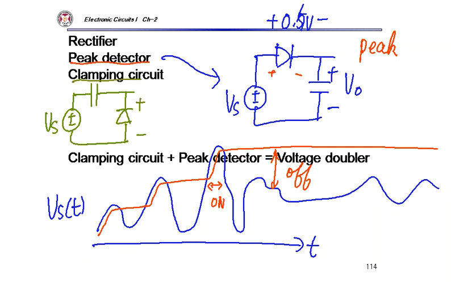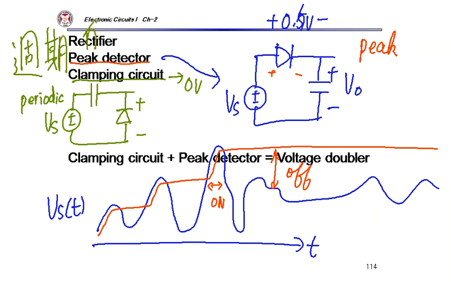This clamping circuit just puts either the minimum voltage or the maximum voltage at 0 volt, right? It should be a periodic signal for this one. Then all the DC voltage is applied across this capacitor.